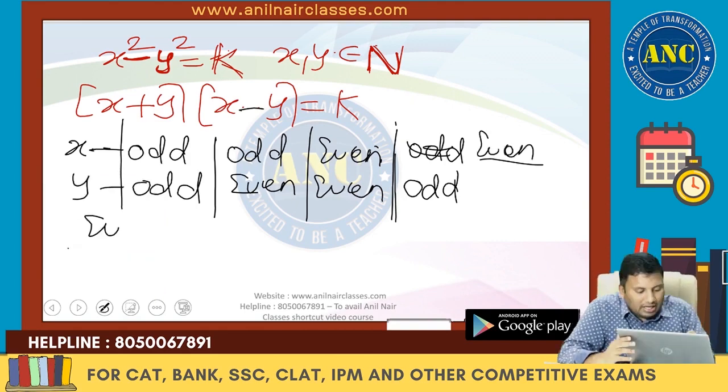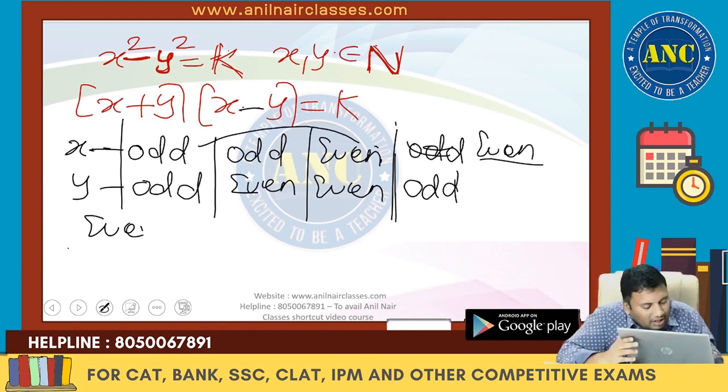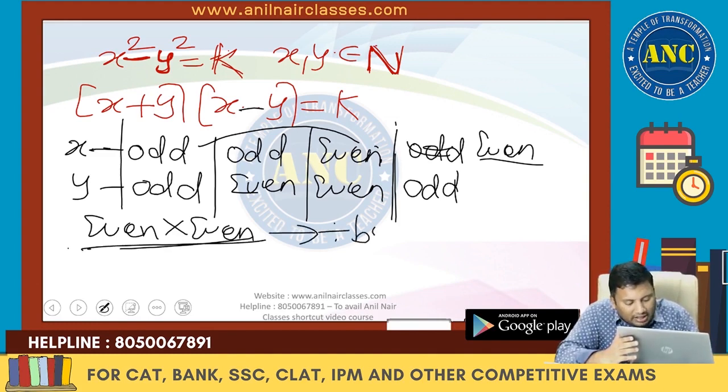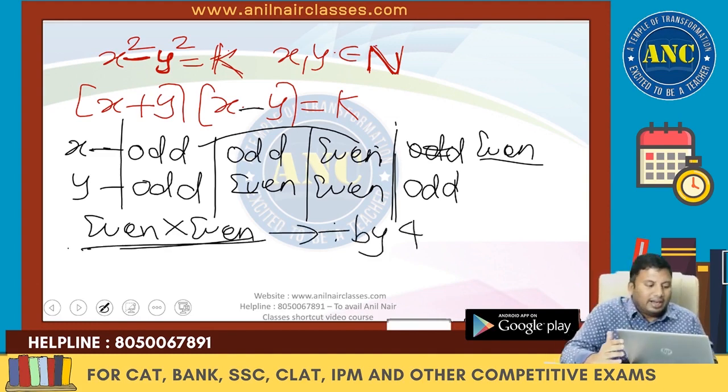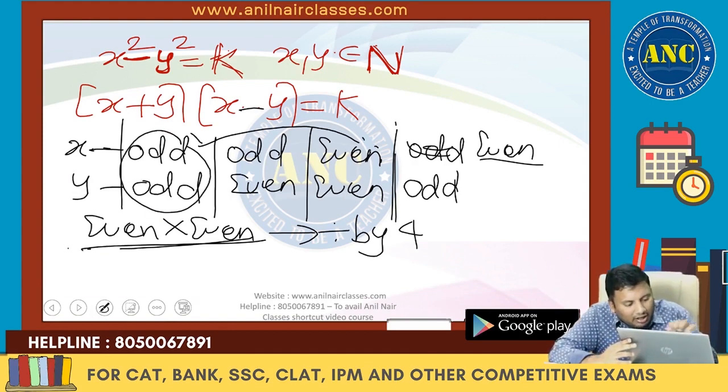Listen carefully. First and third case, if I take, what is odd plus odd? It is an even number. What is odd minus odd? Even number. If I multiply two even numbers, what will be the right hand side? Divisible by 4. Even plus even, even.